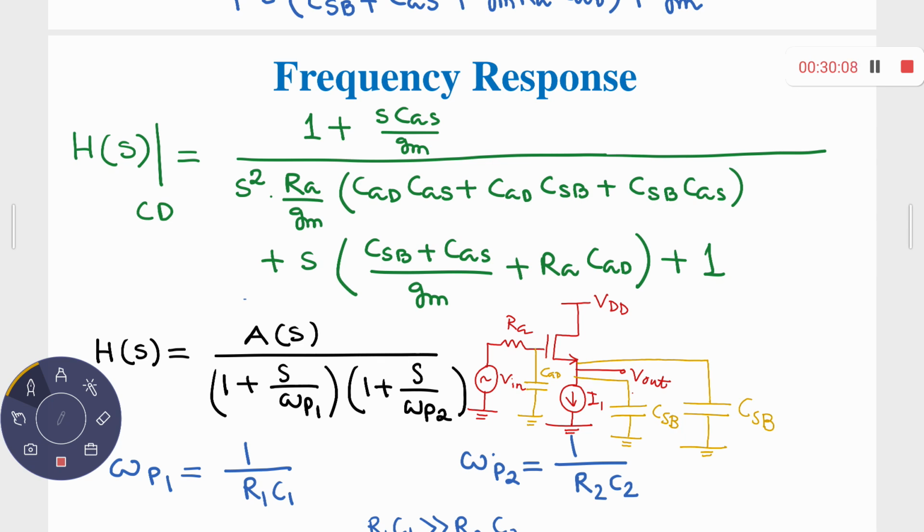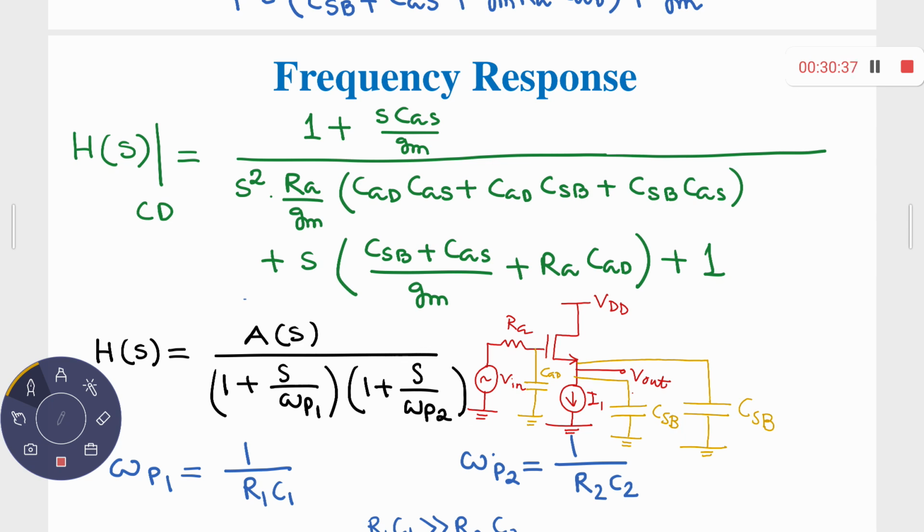What is the common terminal? You have a CGS present between the gate and the source terminal, right? Now, both of these two terminals, both gate and source, are signal nodes. None of them are connected to some constant voltage, either DC ground or AC ground. Both of them are signal points, right?